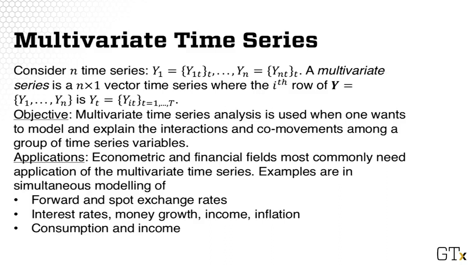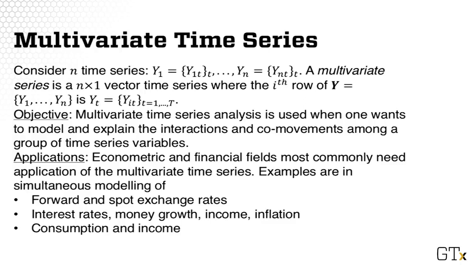We can write it as bold-faced Y, which is a collection of all n time series together, but we also can refer to as YT, which is a collection of the time series data at time t only. Note that here YT is a vector of n variables, each being the time series variable of one of the n time series.